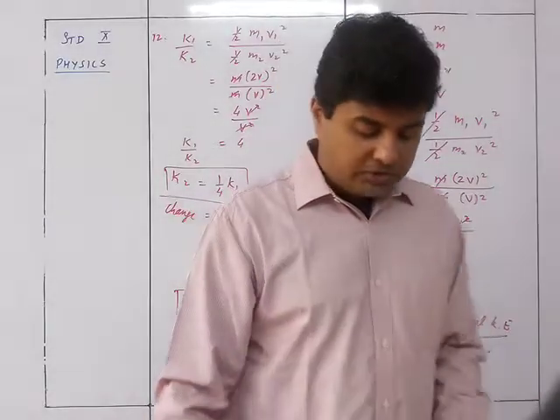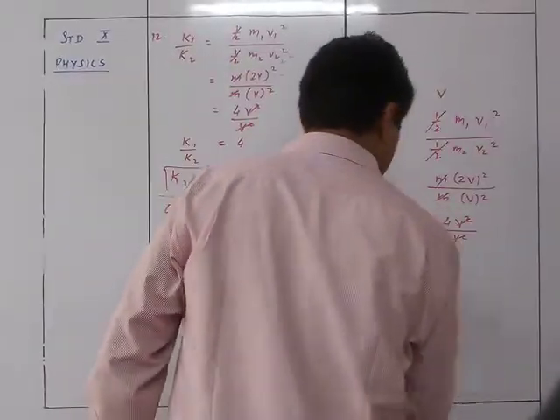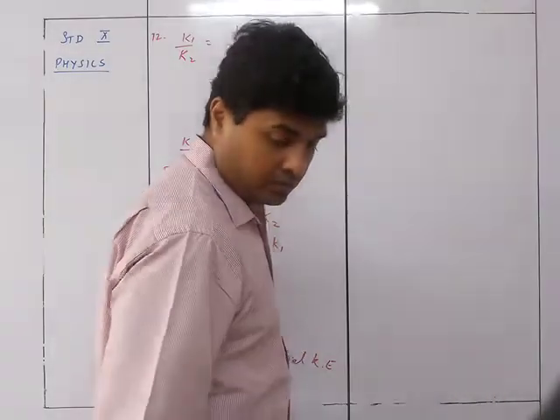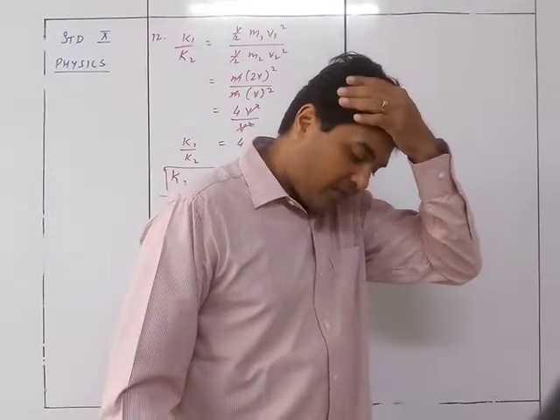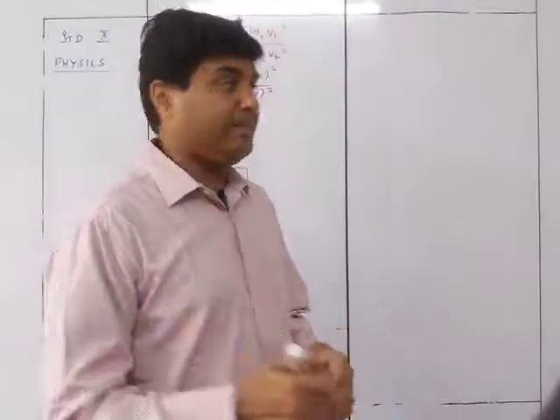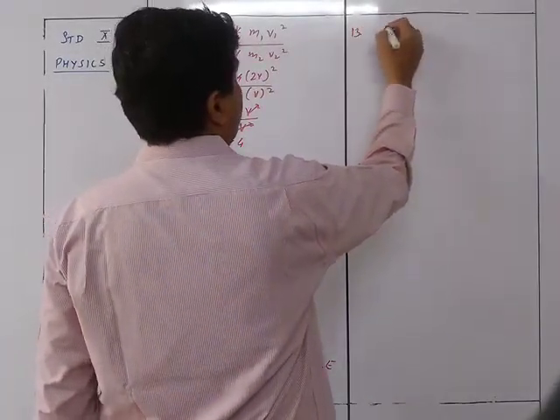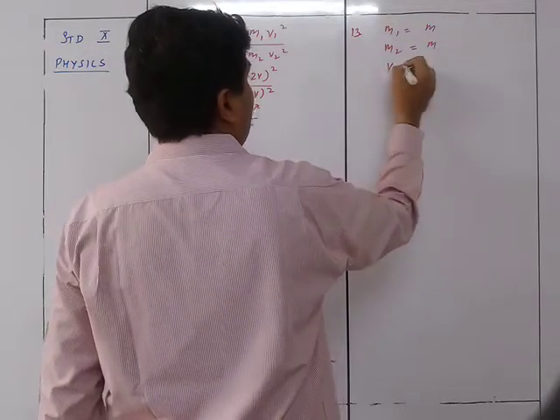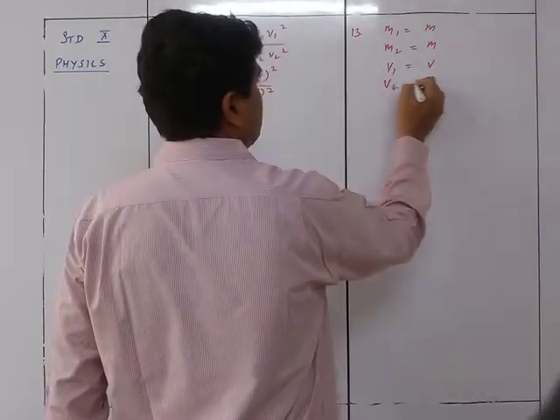We now move on to sum number 13. Two bodies of equal masses are moving with uniform velocity v and 2v. Find the ratio of the energies. Again the same sum. So m1 is m, m2 is m, v1 is v, and v2 is 2v.